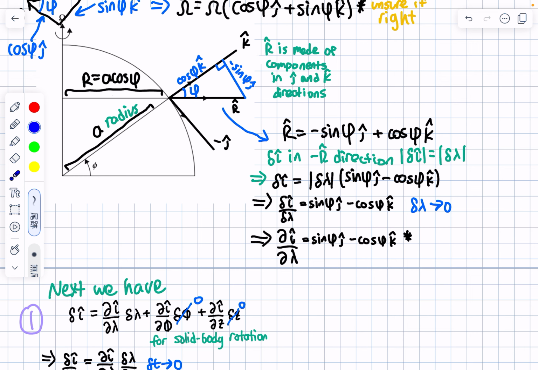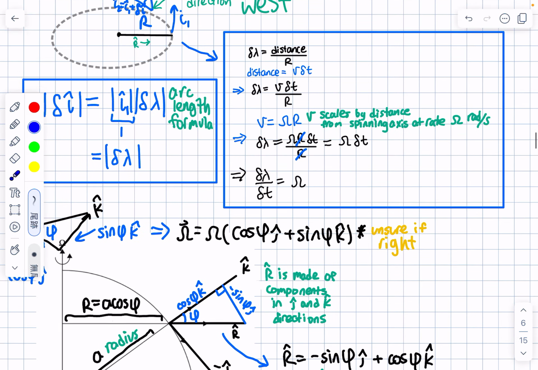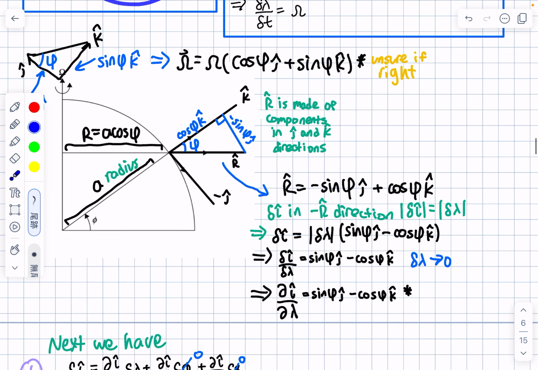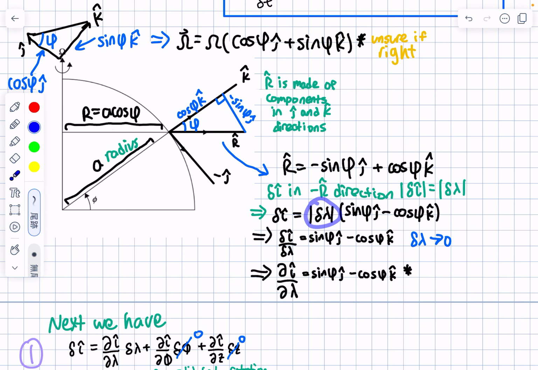And now to write delta I, we know its magnitude times its direction, as in for any vector. And we know from up here that its magnitude is equal to the magnitude of delta lambda.